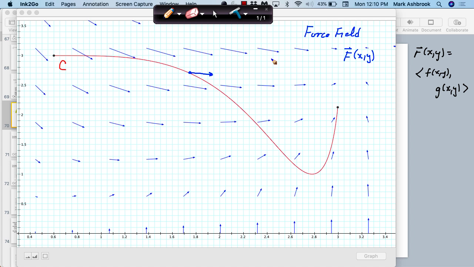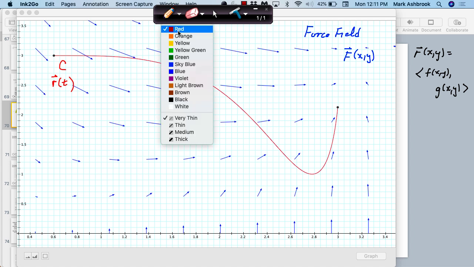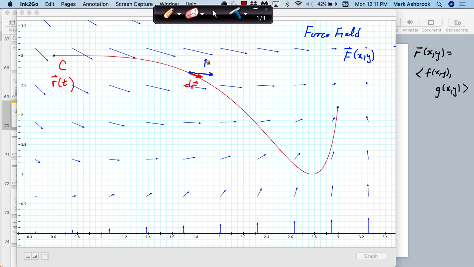And then if we have a little dr vector, C is defined by some vector function of t, so I've got a little vector right there. For some point there's dr, right? A little bit of the curve, dr, and then at that point I have my force field vector. So this is dr at x naught, y naught, and this is F at some point, say x1, y1.